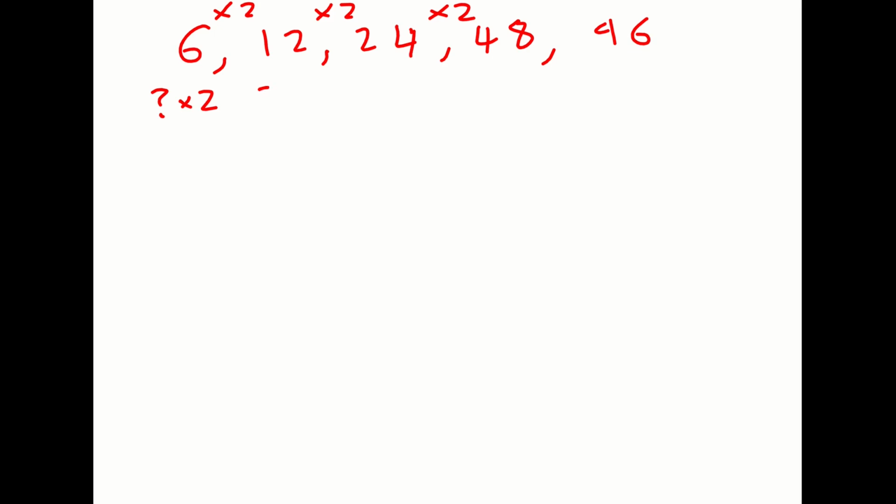This next one is then going to be something times 2 squared. The third one is going to be something times 2 cubed. And you can see that the second term has 2 squared in it, the third term has 2 cubed in it. So if I want the nth term, it's going to be something times 2 to the n. And all I need to do is work out what that something is.